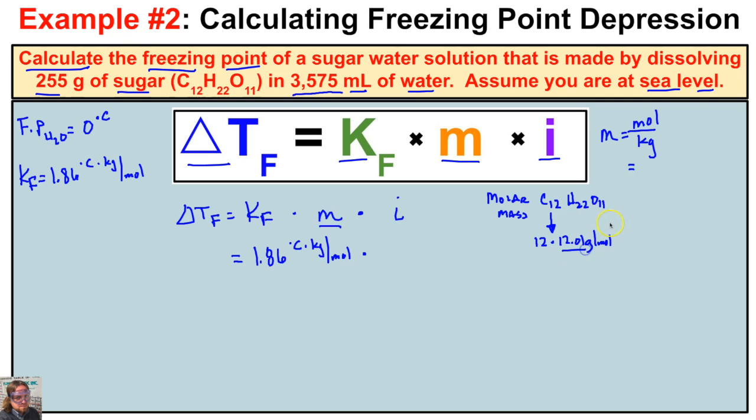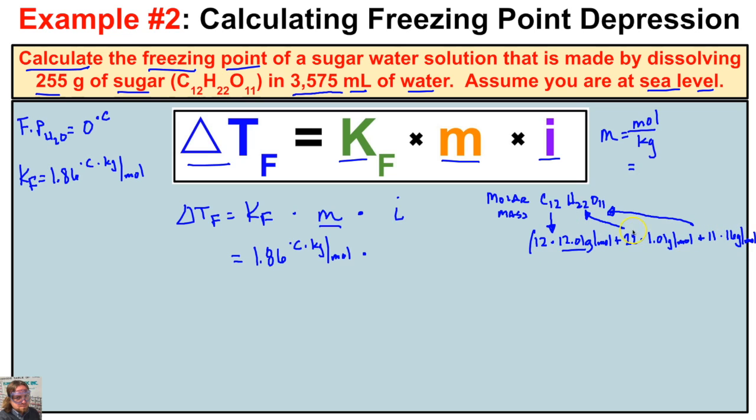We're getting this number from our periodic table of elements. If we take a look at hydrogen, there's 22 of them, and we're going to multiply this by the molar mass of hydrogen, which is 1.01 grams per mole. And then we take a look at oxygen, and there's 11 of them. So we're going to take 11 times 16 grams per mole, which is our molar mass of oxygen.